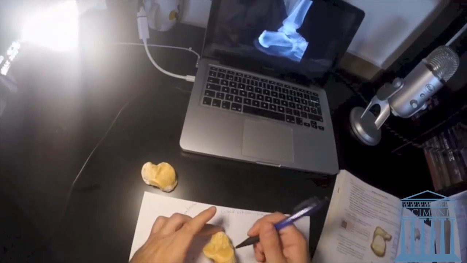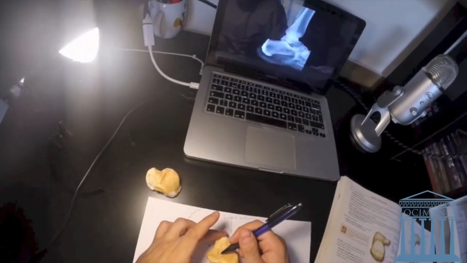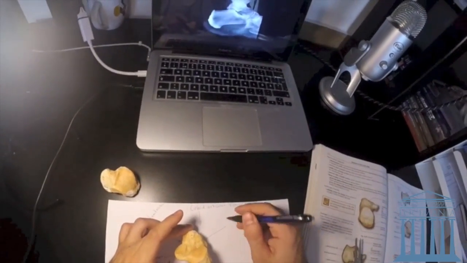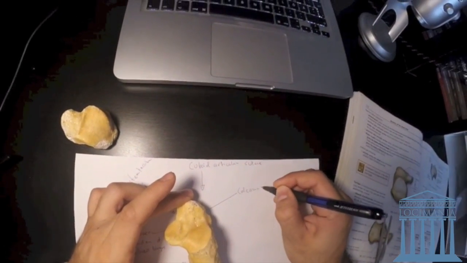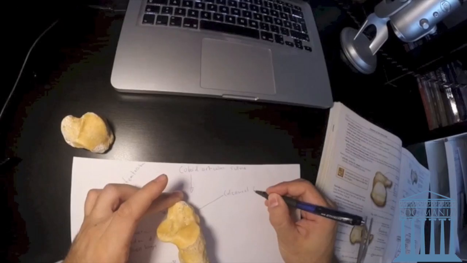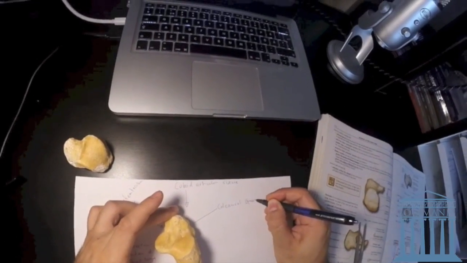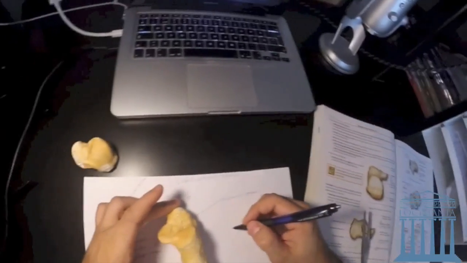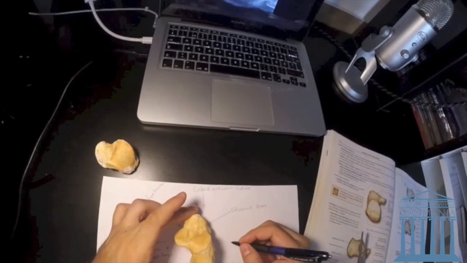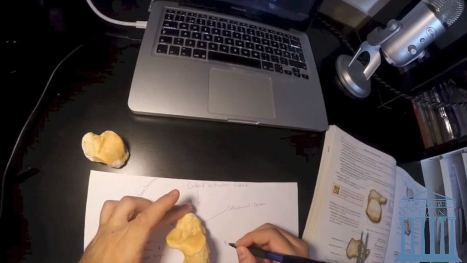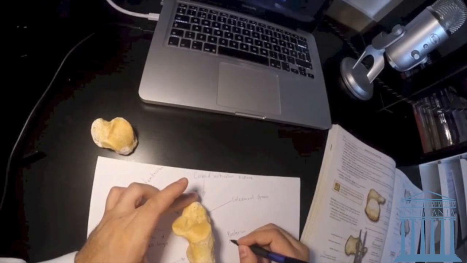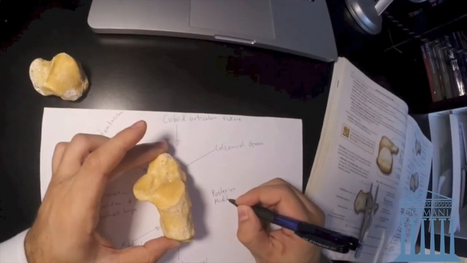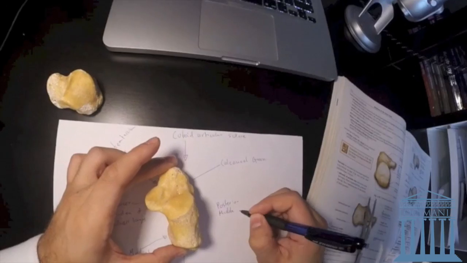So here we have some surfaces, but first I'm going to point out what's between them, and that is the calcaneal groove. So between the surfaces we have the calcaneal groove right there. Let's start with the posterior talar articular surface. And after that we have the middle talar articular surface.